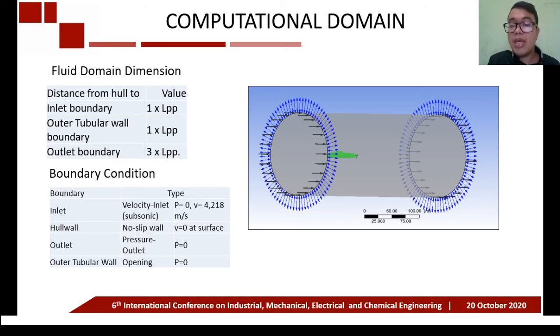The inlet boundary is defined as a velocity inlet which has the same speed as the submarine. The outer tubular wall is defined as an opening. It allows the fluid to cross the boundary surface in either direction. The outer boundary is defined as an outlet pressure. The submarine itself is defined as a no-slip wall, so the velocity of the fluid at the wall is set to 0.